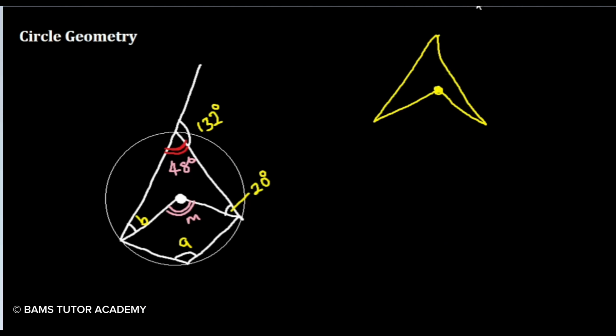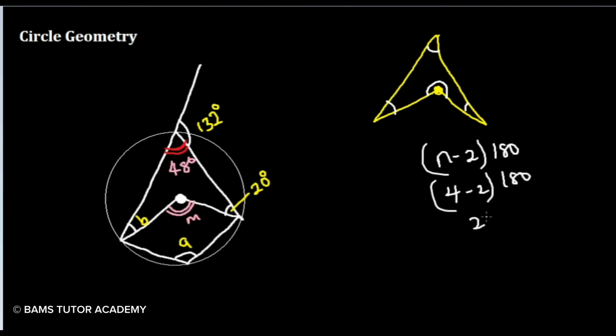It's a polygon of this angle and this angle, and there's another reflex angle here. So we have about four angles there. And since there are four angles, we know that for a polygon we have n minus 2 times 180. So 4 minus 2 times 180, that is 2 times 180. So the sum of angles in this shape will be 360 degrees.